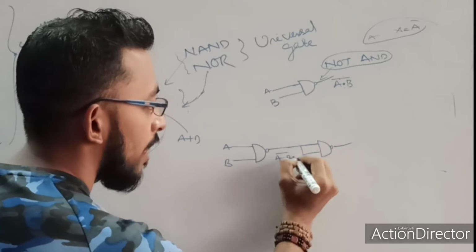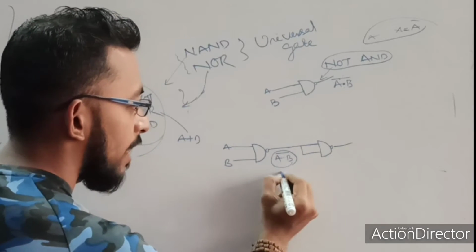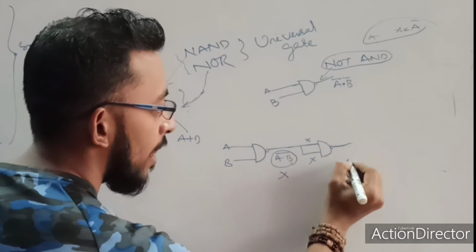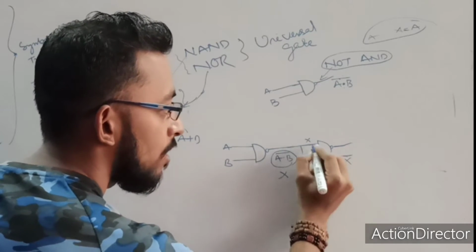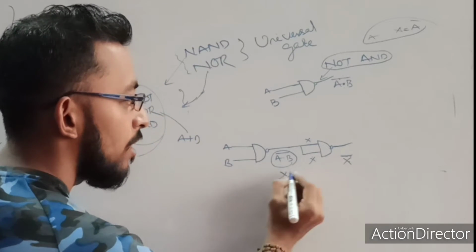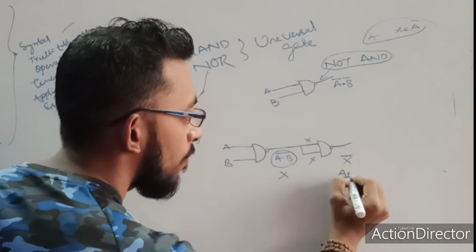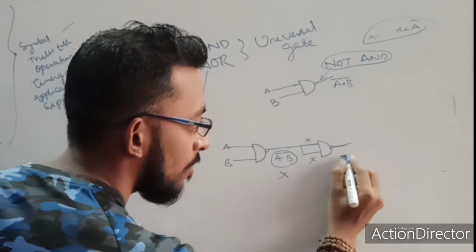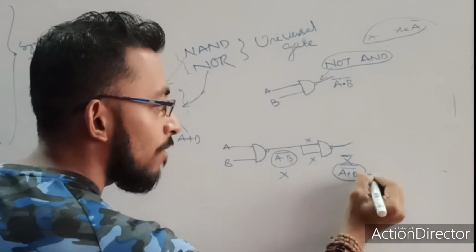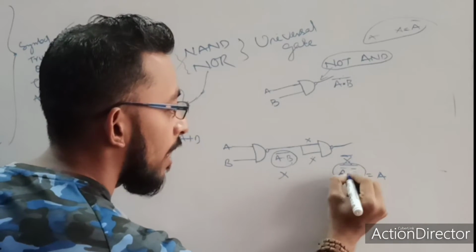Let's take this as X. So both inputs are X, and the output will become X bar. X dot X is nothing but X, and because of this bubble it will become X bar. Then what is my X? It is A dot B bar, and then another bar is there. These two bars, the double bar, will cancel out. It will give me a value A dot B.